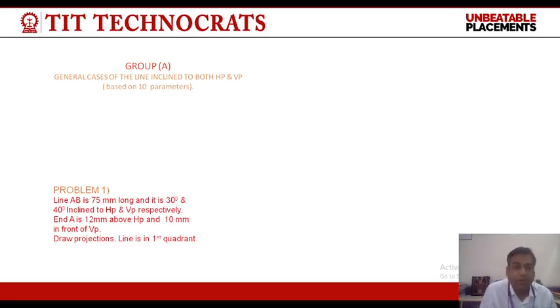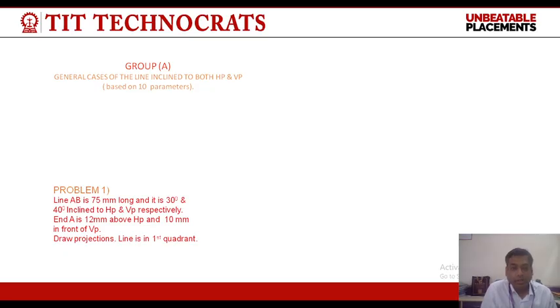So we have taken a problem. The problem is: line AB is 75 mm long and it is inclined at 30° and 40° to the HP and VP. Point A is 12 mm above HP and 10 mm in front of VP. Draw projections.